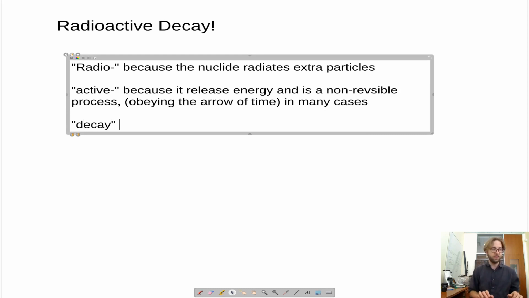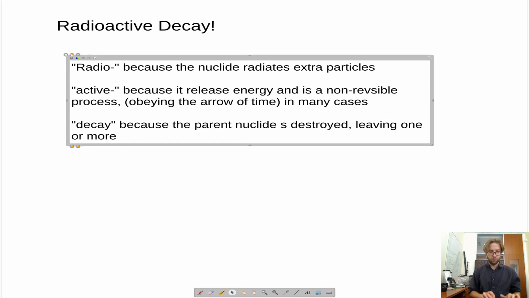And the term decay is used because the parent nuclide is destroyed, leaving one or more child nuclides.